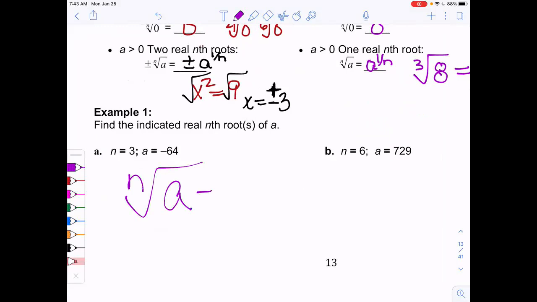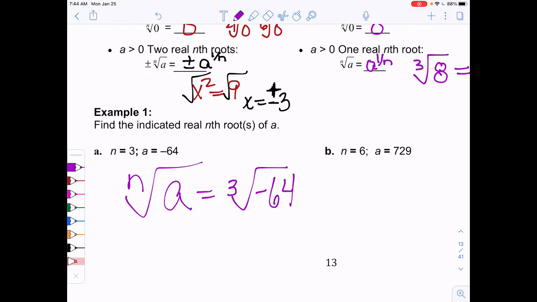So this is going to be the 3rd root with negative 64 underneath the radical. What is the cube root of negative 64? Well, this is what we've been working on. We just haven't been writing it with this specific notation, where you're given the information and you have to change it to a radical.